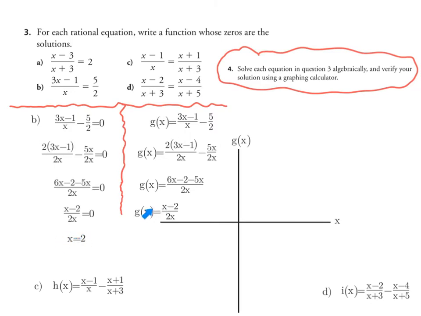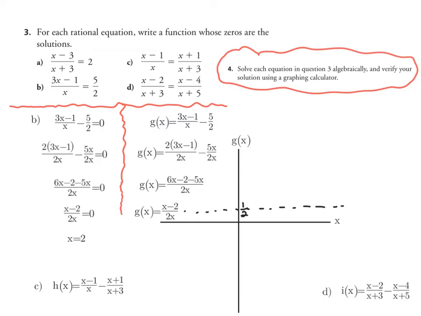Now on the other side here, g of x, this is completely factored. So I can actually really quickly graph this. This is degree 1 over degree 1, which means it's going to hit a horizontal asymptote at 1 divided by 2, so 1/2. So I'm going to make a horizontal asymptote at 1/2, right?